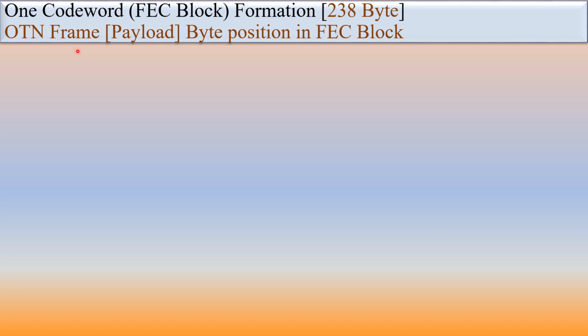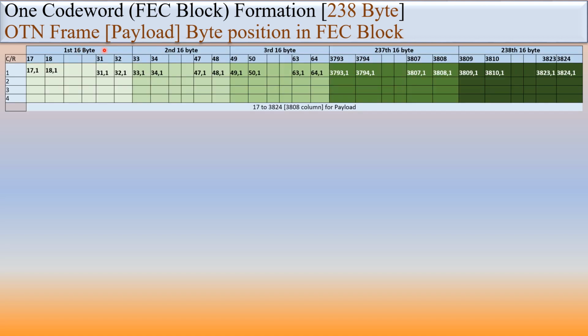We will discuss it in detail. Here I have shown only the payload area, column number 17 to column number 3824. So there are a total of 3808 columns for the payload. If you divide 3808 by 16, you get 238.